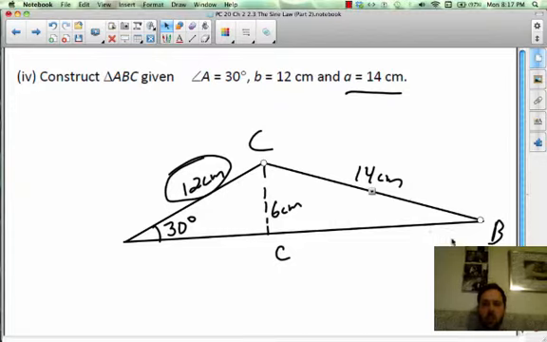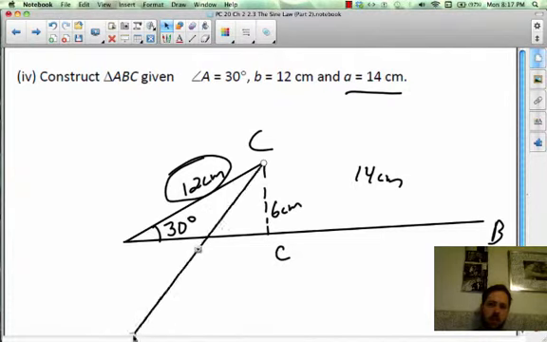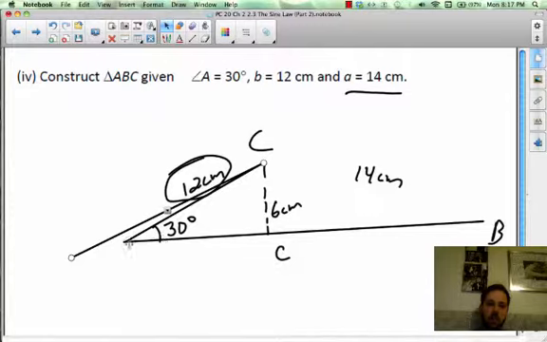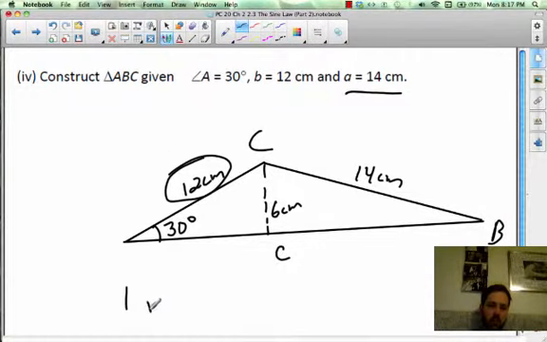We take this arm now, and we try to swing it over, and it'll go way down here like this, and then it'll come up here like this, and it's too long to hit this baseline again, because it's longer than side B. So we have a scenario where we can again only make one triangle. So this is the 4th possible case, and this is only one possible triangle.